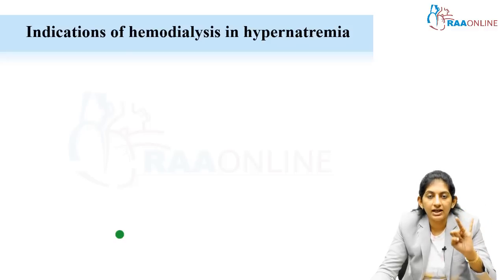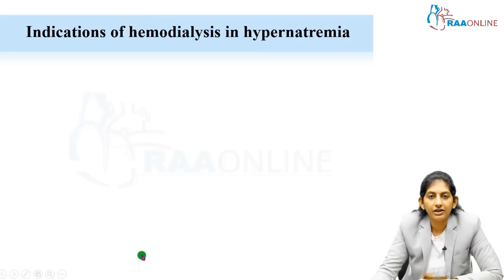Euvolemic hypernatremia, classical example of DI, you are just going to give a hypotonic solution, 1.2 to 1.5 times maintenance fluid, and then replace the ongoing losses. Treatment of the underlying cause. If DI, then vasopressin infusions can be started. That is enough for euvolemic hypernatremia. Hypervolemic hypernatremia, diuretic and fluid. So that is enough.